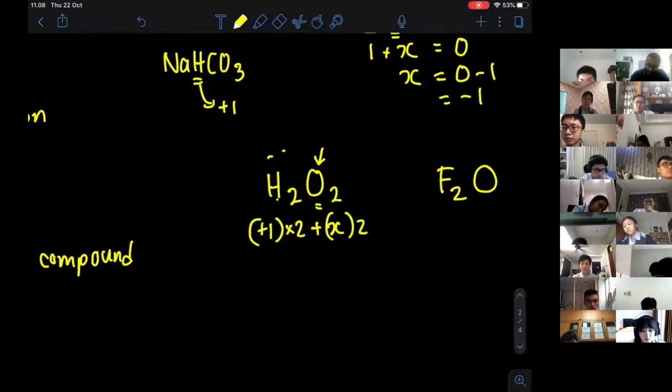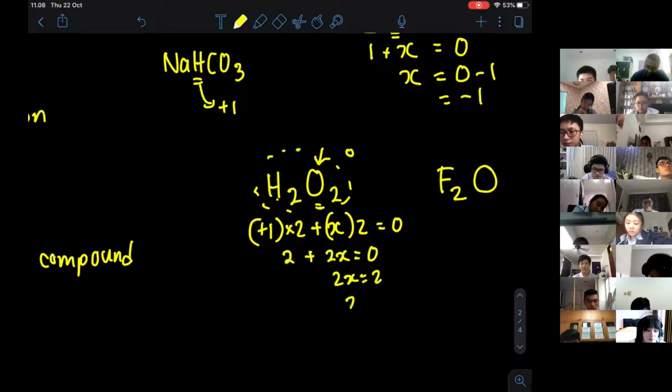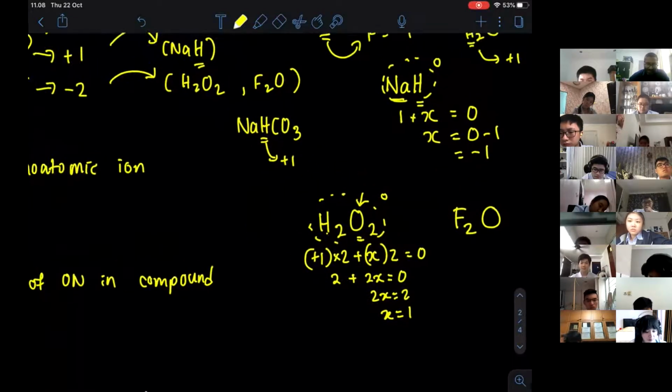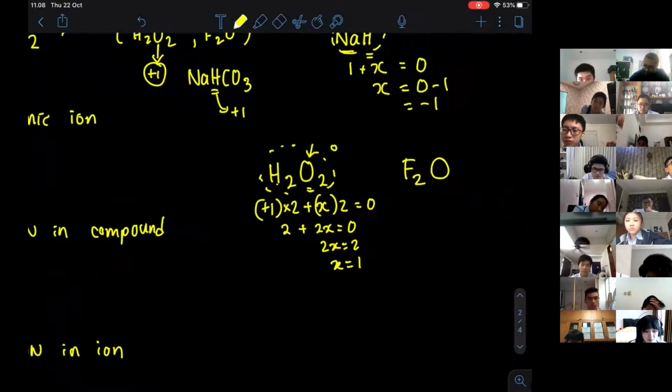And then overall, what is going to be the charge? 0 equals to 0. 2 plus 2x equals to 0, 2x equals to -2, x equals to -1. So it means in this particular situation, the oxygen is going to be -1 instead of -2. Some exceptions.